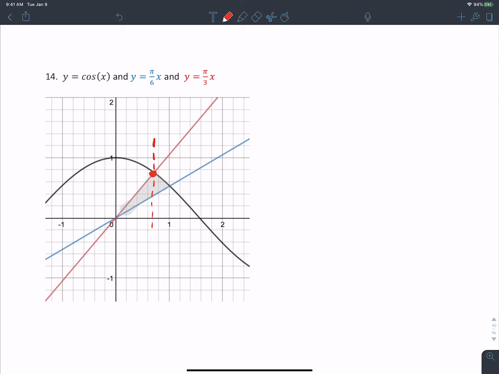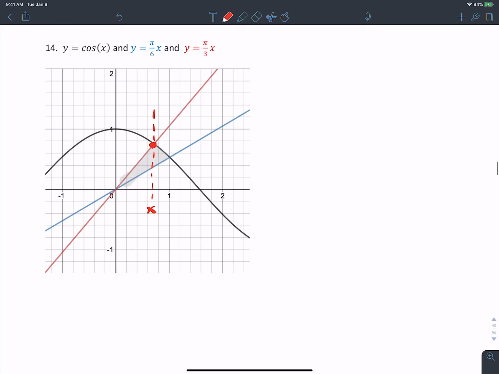We have 2 integrals again. We don't know that value of x. So if we can set it up, and hopefully we can, you might say, how do I get that value of x? Right? We need that point of intersection. In fact, we need another point of intersection here.